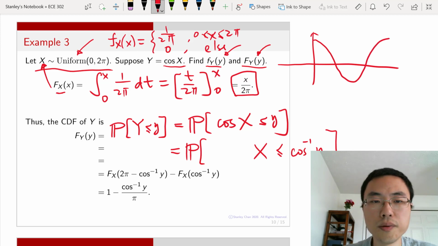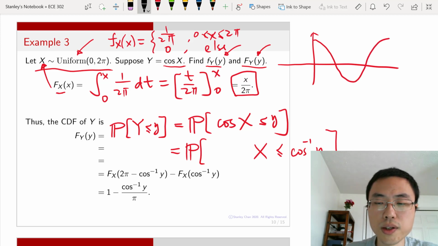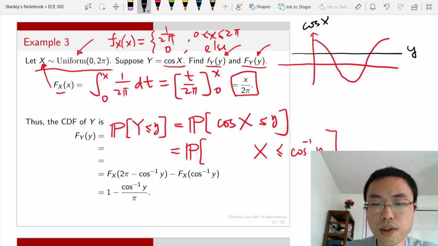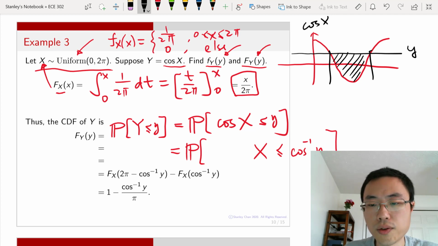Okay, so now you say that cosine of x is less than y. So y would be a line here. So that's your y. And then you say that cosine x, which is this curve, is lower than the straight line. So now you're looking at this range of values, right? And so it will be from here to here. So what is it?